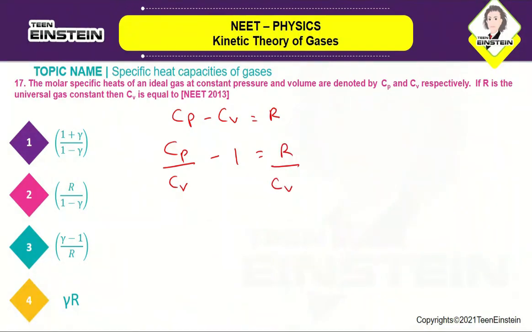That is, we are taking the Cv outside to the other side. So it will become Cp by Cv minus 1. So this one you know it is gamma minus 1 is equal to R by Cv, or Cv will become R by gamma minus 1.